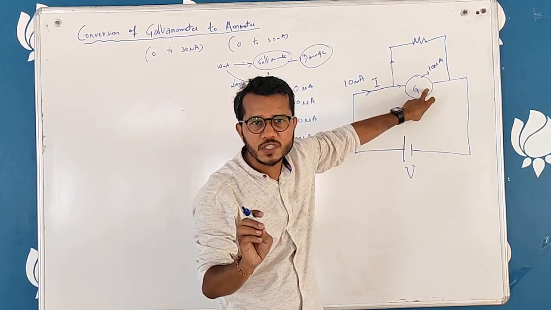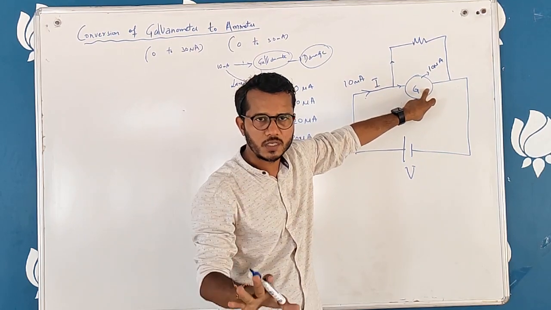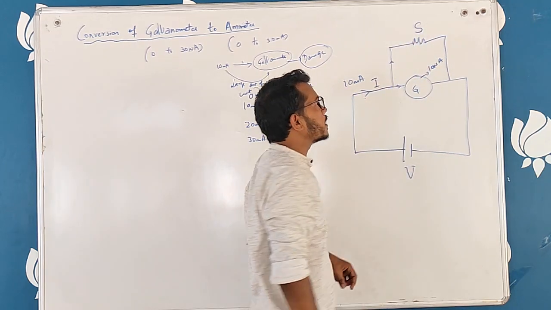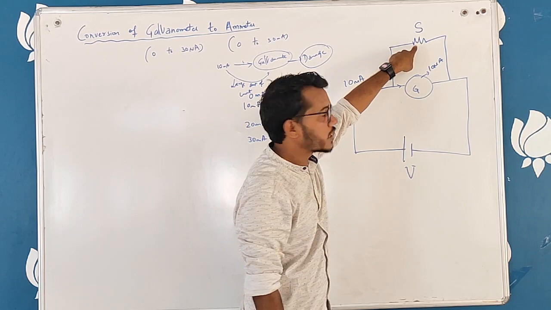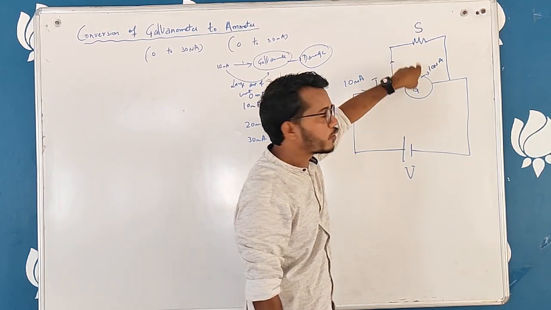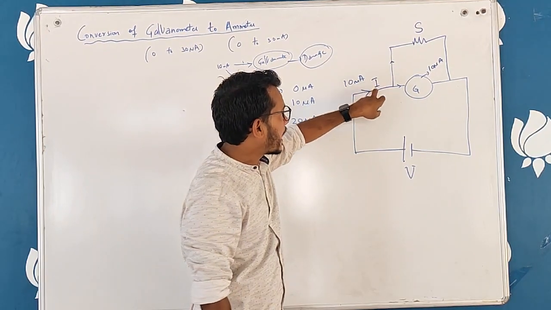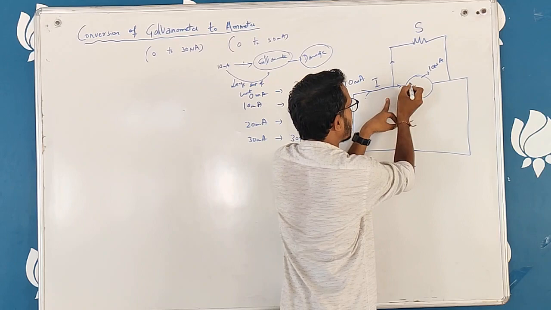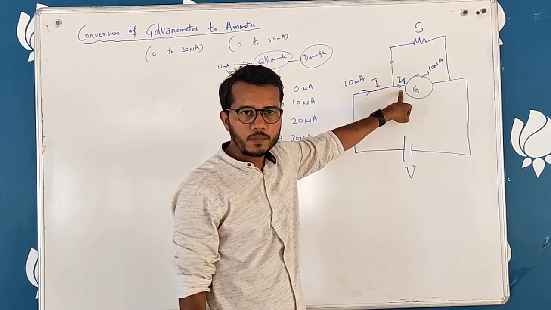The resistance which is connected parallel to the galvanometer is called the shunt resistance, so I indicate this resistance with the letter S. This is a resistor connected parallel to the galvanometer. So my total current I becomes, see, whatever current flows through the galvanometer I can call Ig.